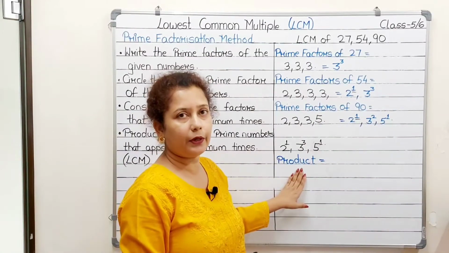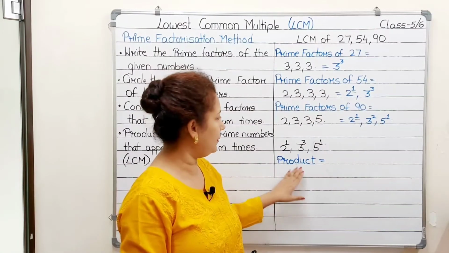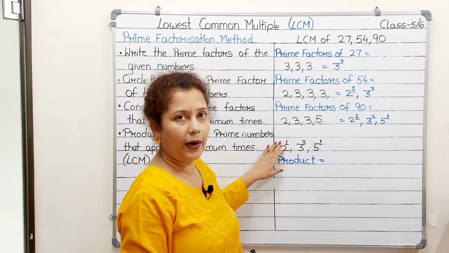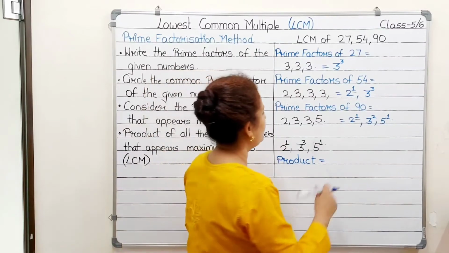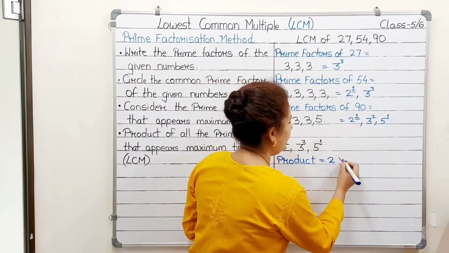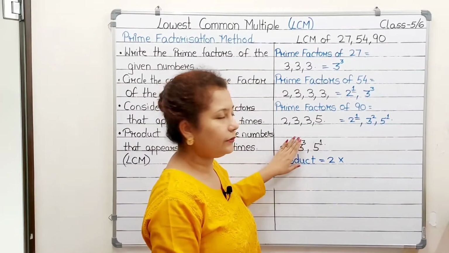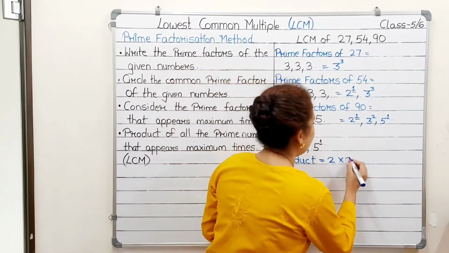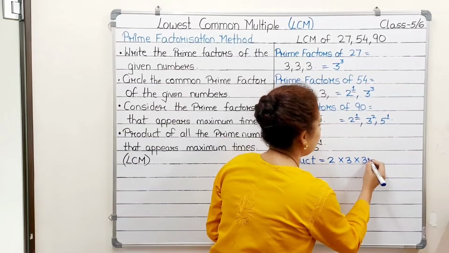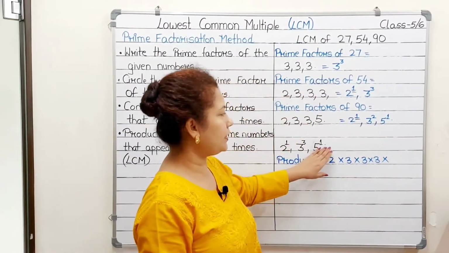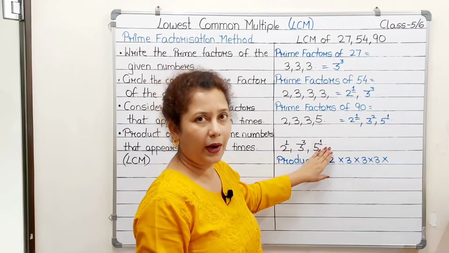Now we will find the product of all the prime numbers. So first is 2. It is present 1 as maximum time. So we will write 2 once. Next prime number is 3. It is present thrice. So we will write 3 three times. Next is 5, which is present maximum 1 time.